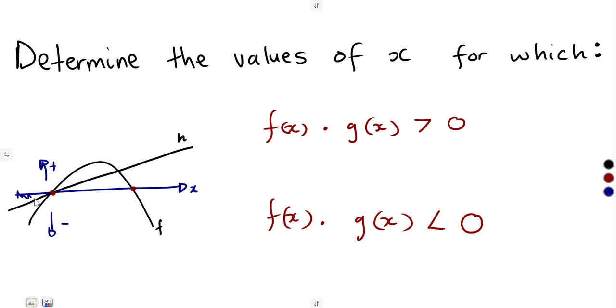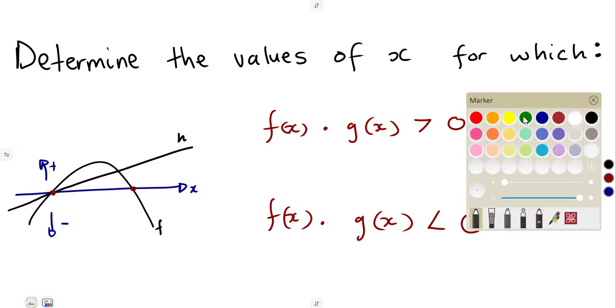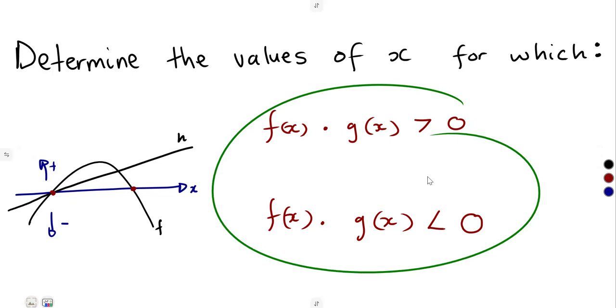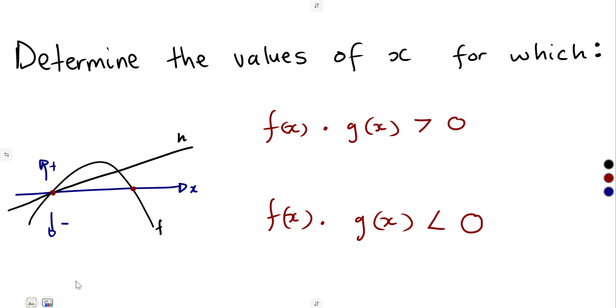So whatever is along the x-axis will be the intercepts, which are the x-intercepts. So you target those as your critical values for this type of question.